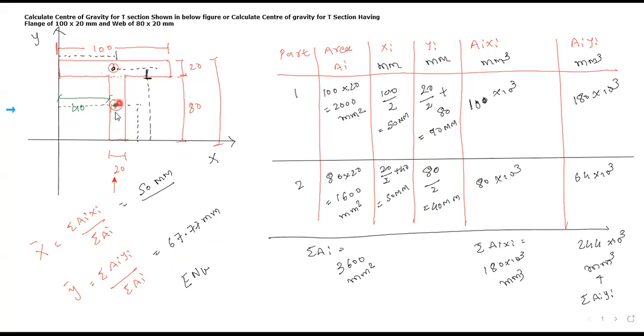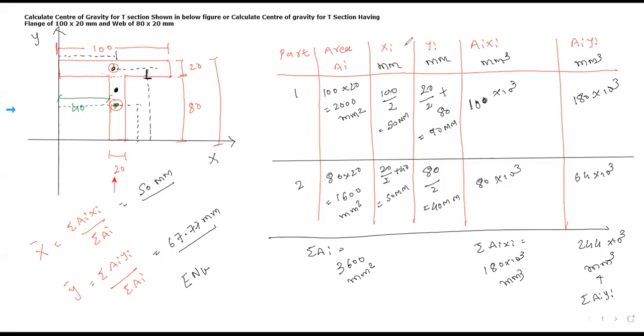Yes or no? So in the vertical direction your center of gravity is about 67.77. Just think, in the web portion, what is the depth of the web? 80 mm. So it means your center of gravity will be above the center of the web. Yes or no? The center of gravity of the whole system that we calculated here.